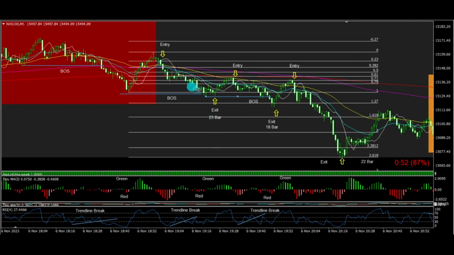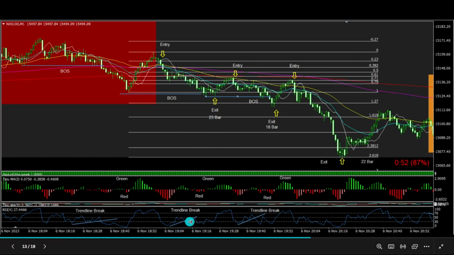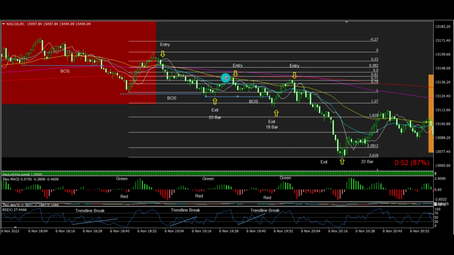This is also a displacement over here with a trend line break. Once price crosses the 4 EMA, and it had already crossed the 50 EMA, that's your entry. And your exit is on the 18th bar here. But you've already reached 1.5 times your risk.